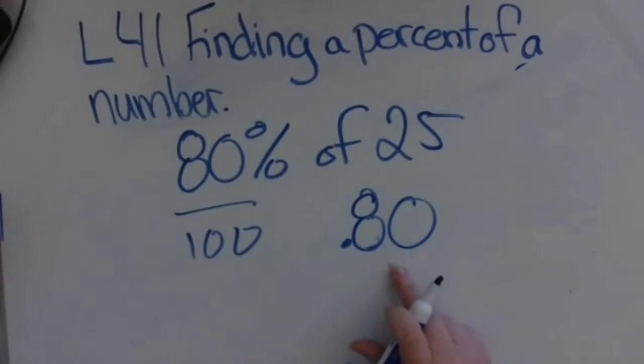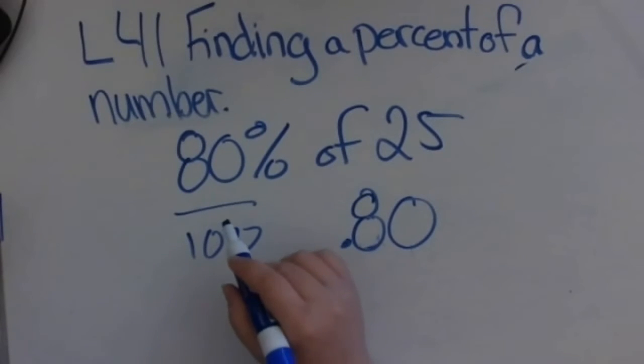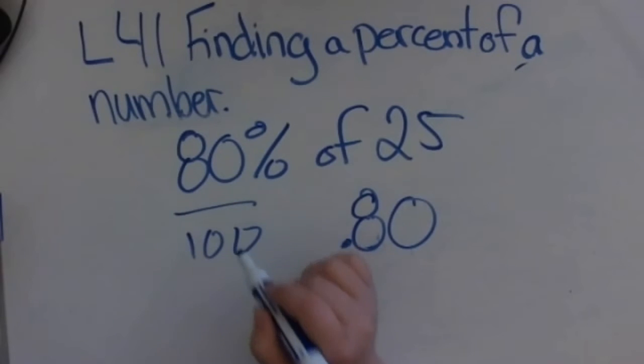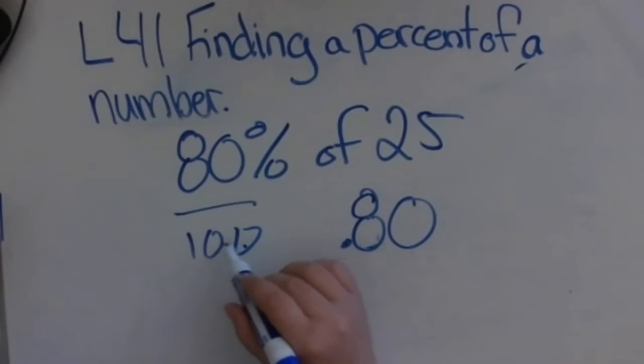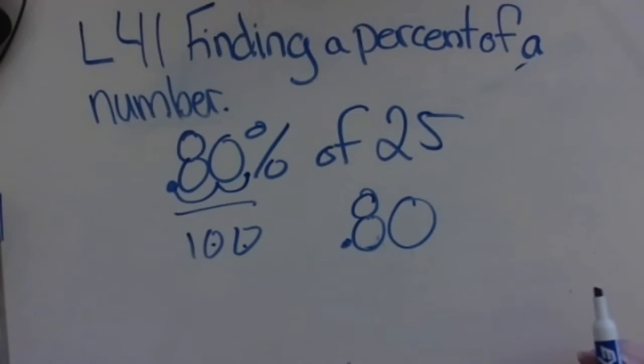I know this one might be confusing because normally we wouldn't say 80 hundredths here, we would say 8 tenths. But when you're converting this into decimals, what's actually happening is you're dividing 80 by 100. And whenever you divide by 100, you just move the decimal place over twice because there are two zeros. So if the decimal place was here, I move it over twice, 1, 2, and make a decimal number. This is how you write 80 over 100 in decimal numbers.